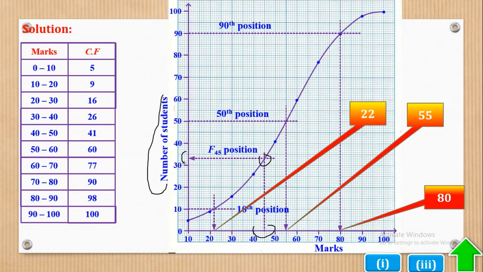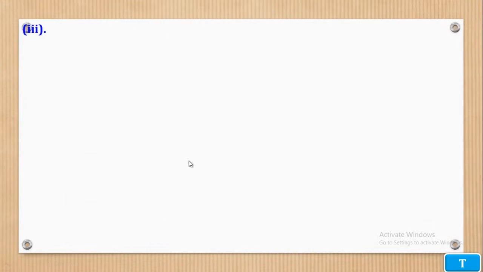So you're going to read this value, and that value will be 33. So these ones below will not qualify. Therefore, you'll come here and say the required number of students will be this, the ones who will not qualify.